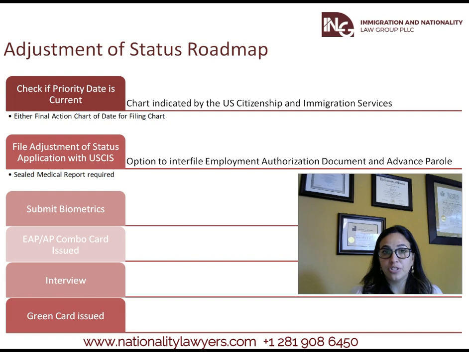If you are in Texas or Florida, usually those are states where you have to wait a long time in line until you are called for an interview. If you are in Ohio or states that don't have that many immigrants, usually the interview is going to be faster. So the waiting time really varies.